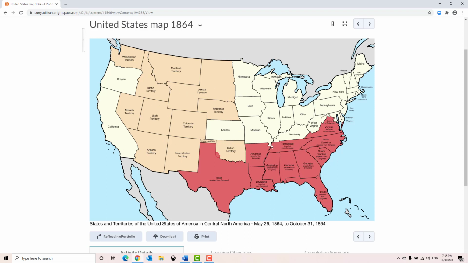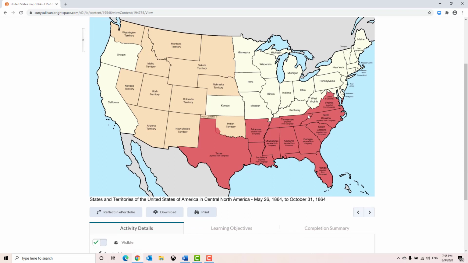These are the free states, these are the slave states, this is the Confederacy, and these are the states that remained loyal to the Union. However, there are some border states that had slaves but remained loyal to the Union, like Missouri and West Virginia, which I'm going to get to in a minute.